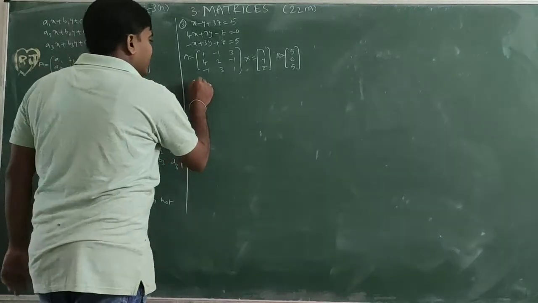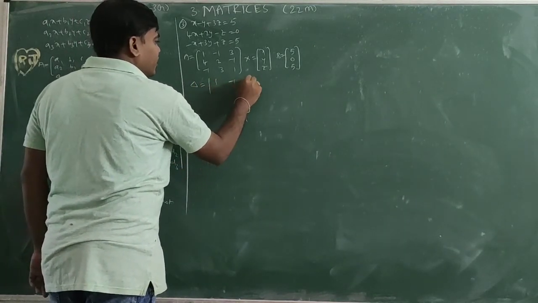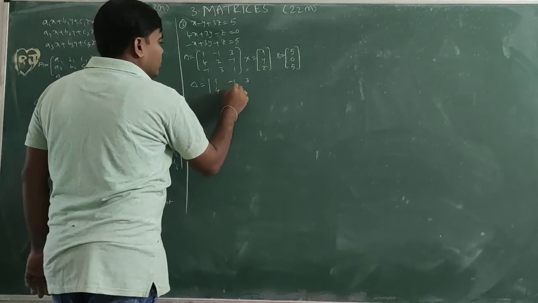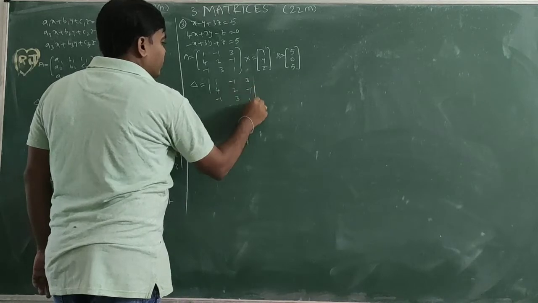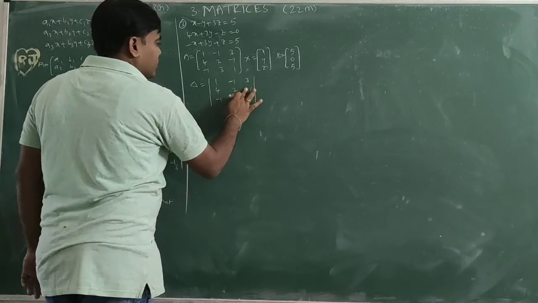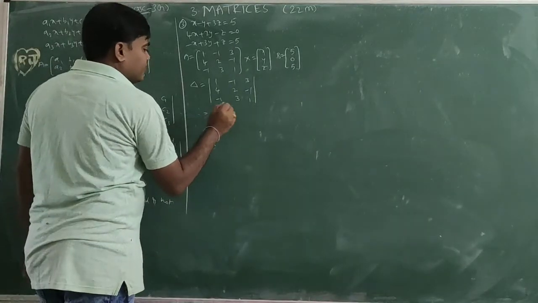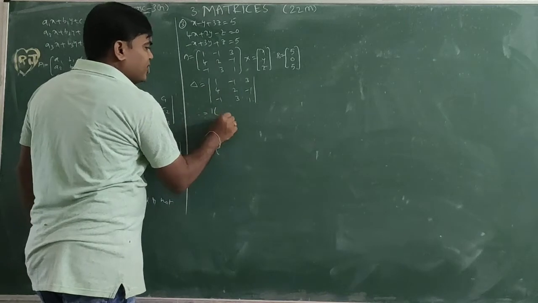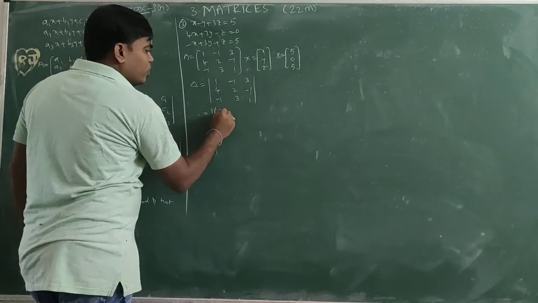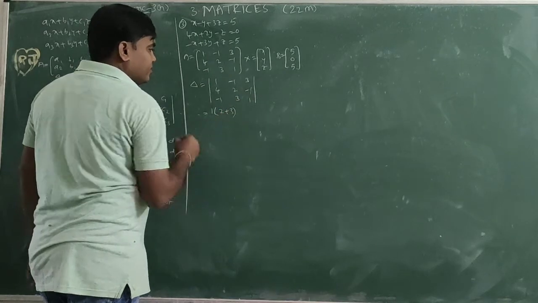First, delta. Delta equals the determinant 1, minus 1, 3, 4, 2, minus 1, minus 1, 3, 1. Now I want to find delta. Delta equals 1 times the determinant of 2 into 1, 2, 3 into minus 1, minus 3, this side, plus 3.